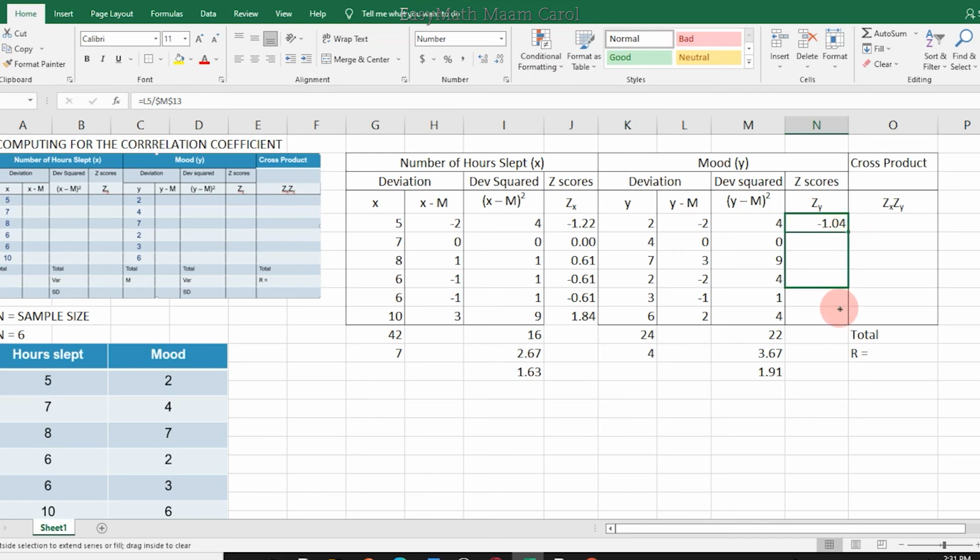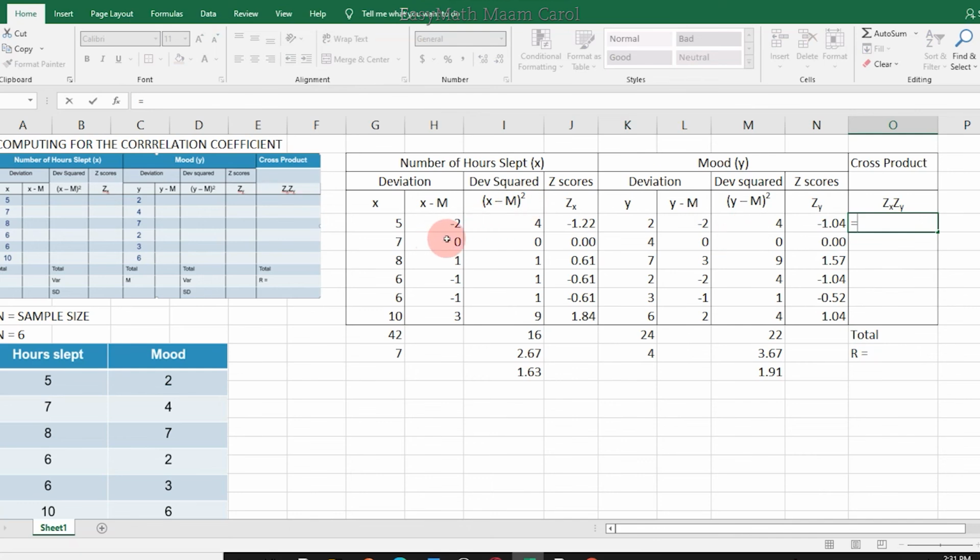And then there. Next, we get the product. All you need to do is multiply this. It's easy, just click. Click this, then the multiplication sign, and then this one.